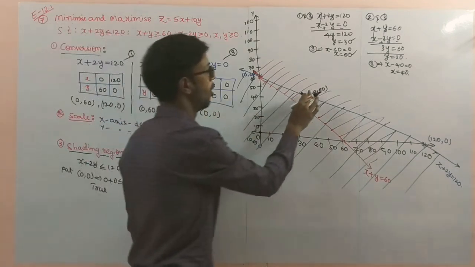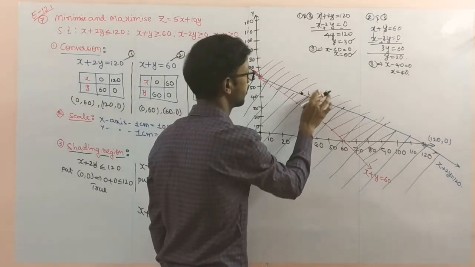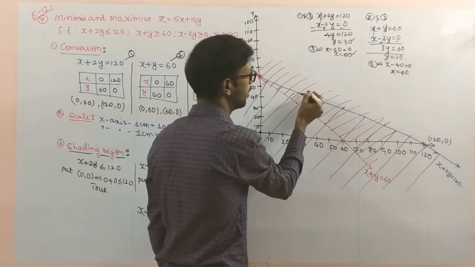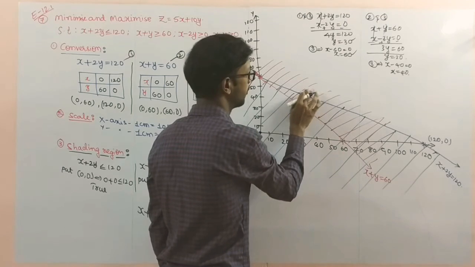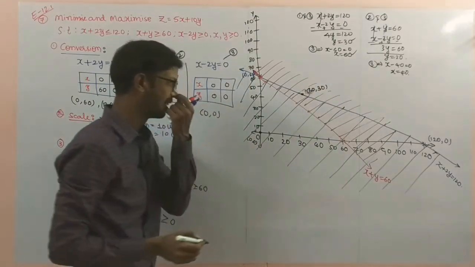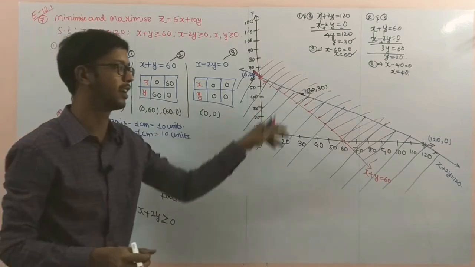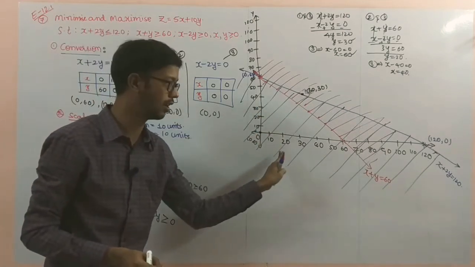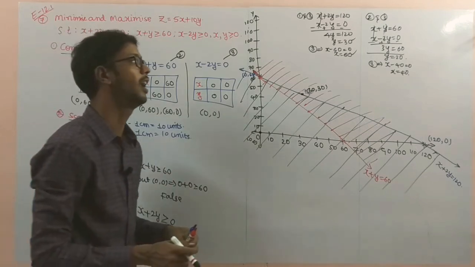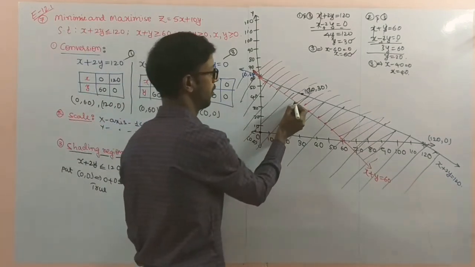Sorry, here this intersection point is 60 comma 30. I wrote here 60 comma 30 comma 60 by mistake; 60 comma 30 is that intersection point. Don't consider these points, just the intersection points I am taking. Next one, 40 comma 20.